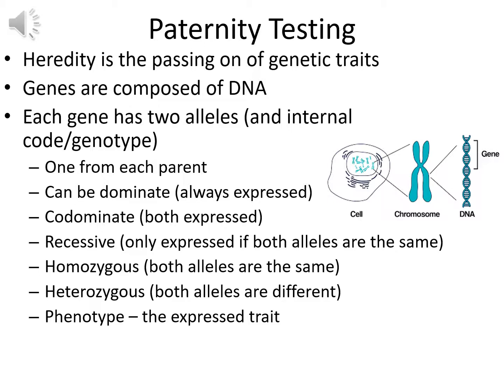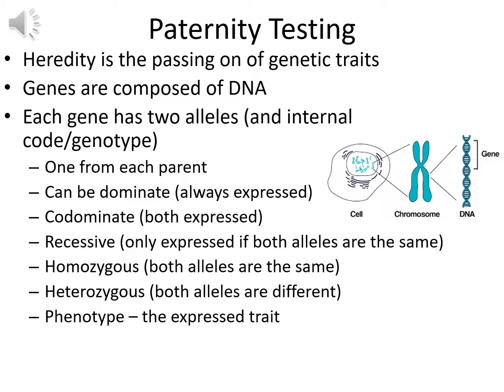Phenotype, which is the expressed trait: if you have type O blood, you have that phenotype. If you have type AB blood, you have that phenotype. Where things get interesting is if you have type A or type B blood, it's sometimes the case that you have type A blood because you have an A allele from mom and an A allele from dad, but oftentimes it's that you have an A allele from one parent and an O allele from the other parent, and because the O is a recessive trait, it does not express.